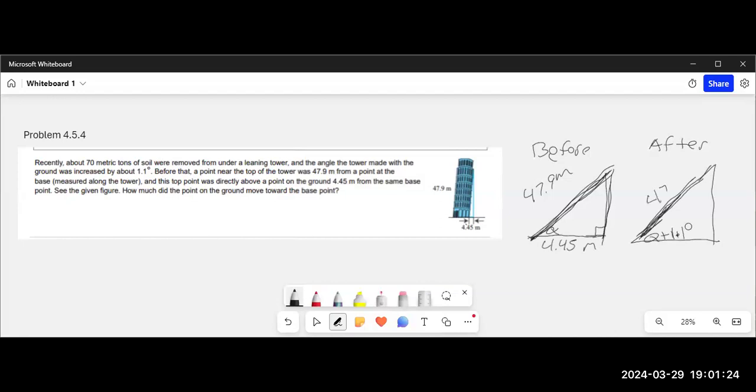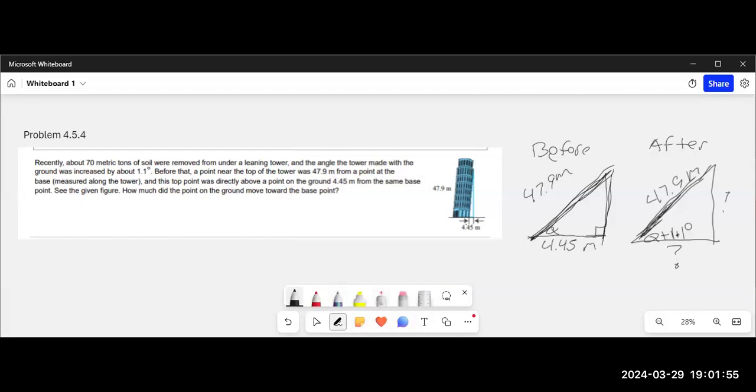The tower doesn't change height at all, so that stays the same. But what is going to change is this side over here, and how much did that move. And this side may also change as well.